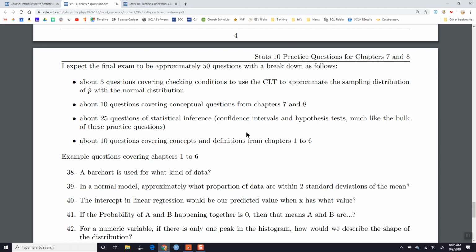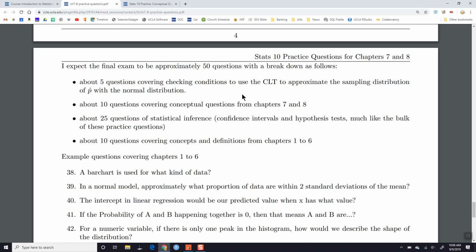The whole idea behind that is we use the central limit theorem to say that we can approximate the sampling distribution with the normal distribution. It allows us to use the normal table and all of that, which is very helpful, but it only works mathematically under certain conditions, and so we have to check that.